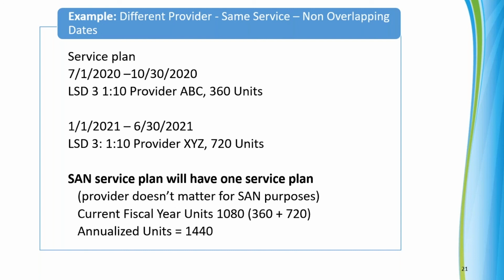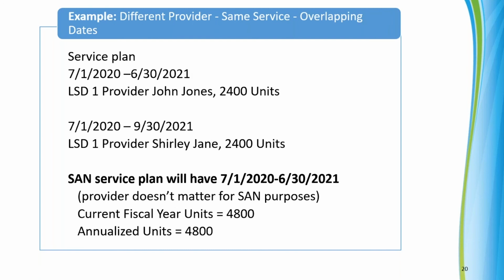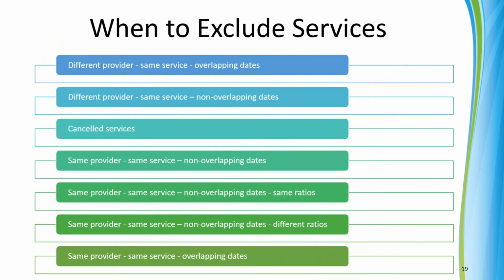So can you go back to the when to exclude slide? Okay, so a couple other things. If a service has been canceled, so if there's $0 spent, the service wasn't used at all, the service was canceled, you can exclude that service from coming over to SAN services. You do not need to bring that over.